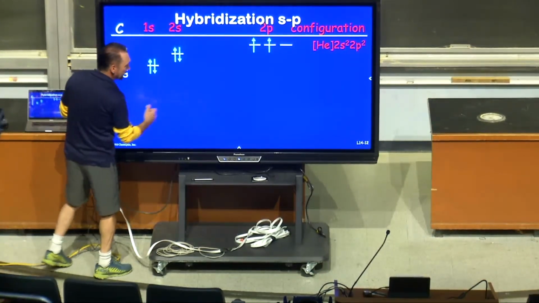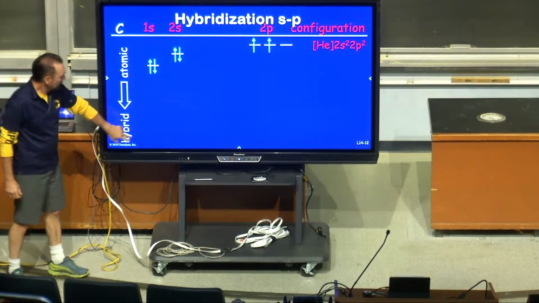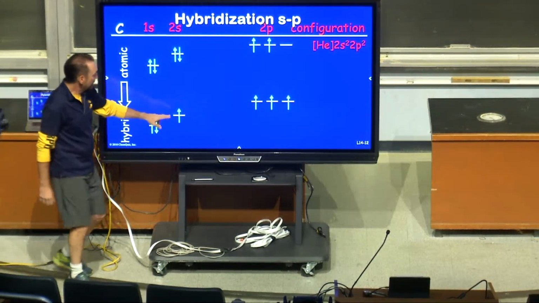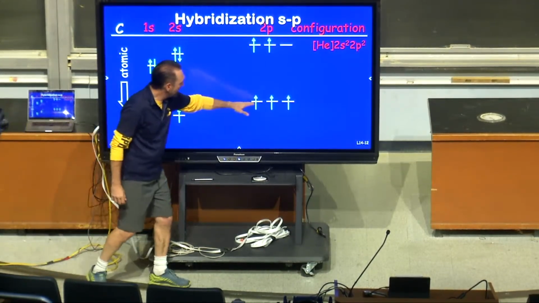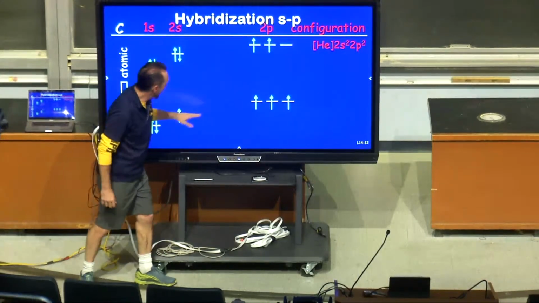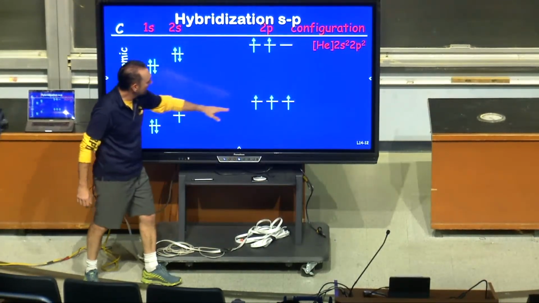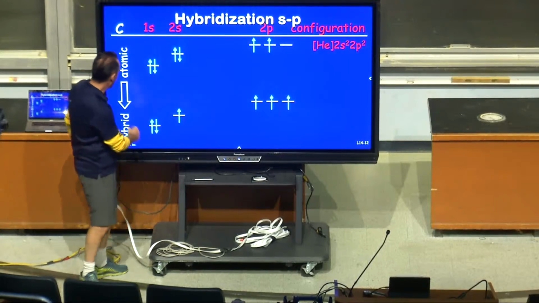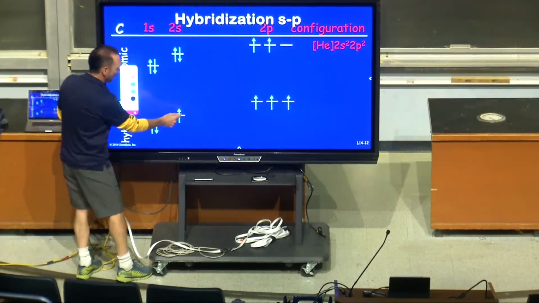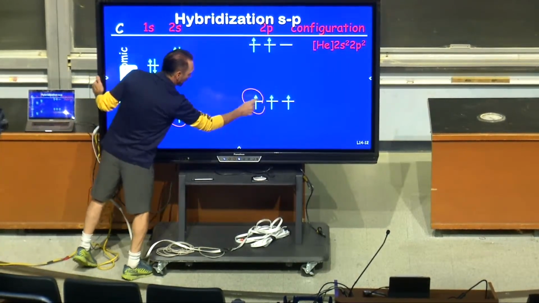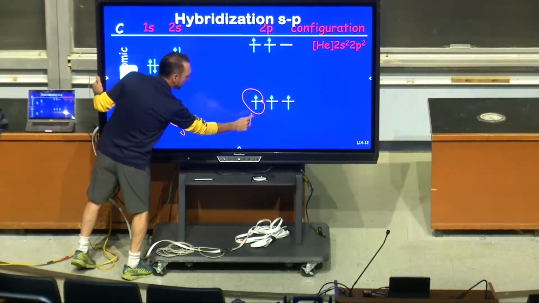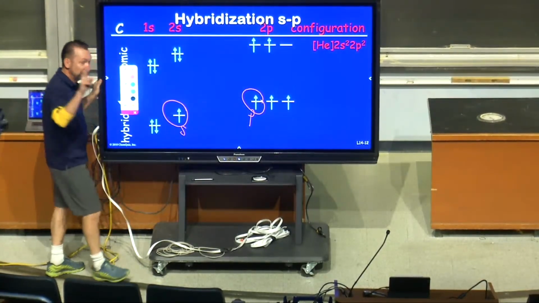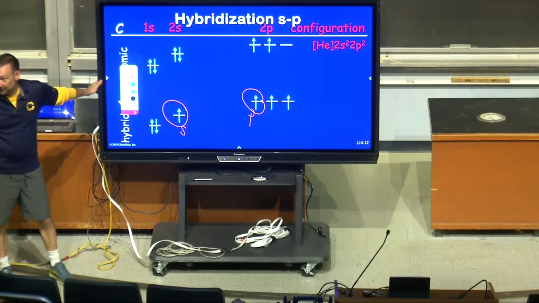How does that impact the energy level diagram? Well, we said when you make hybrid orbitals, you take an s and a p and you add and subtract them. You take the plus combination and the minus combination, and from these 2 orbitals, an s and a p, you're going to make 2 sp orbitals.